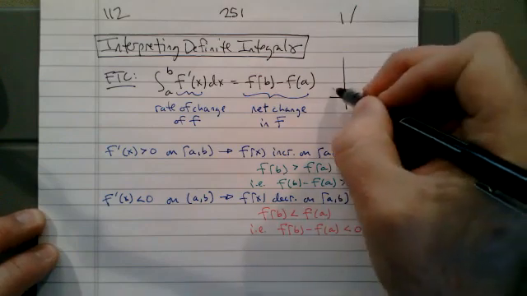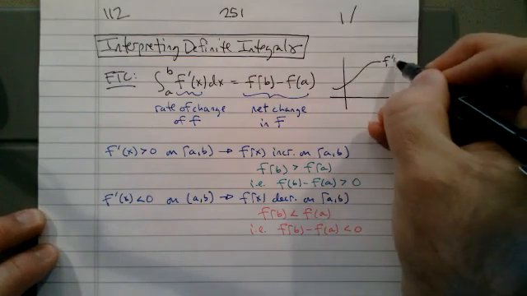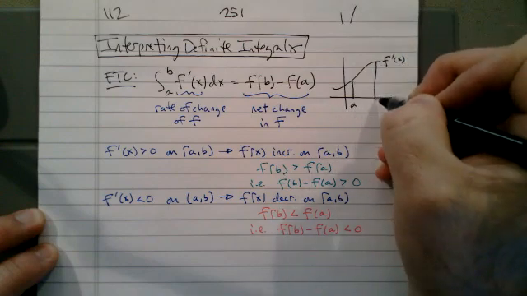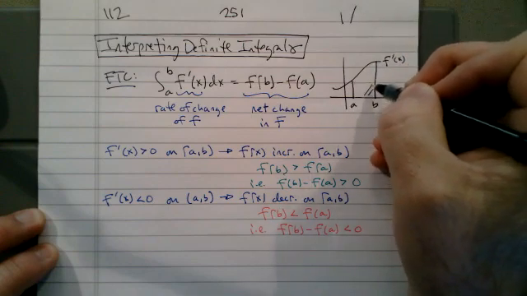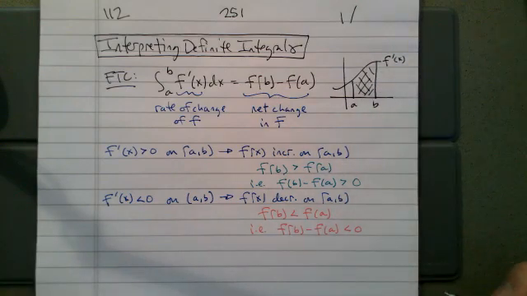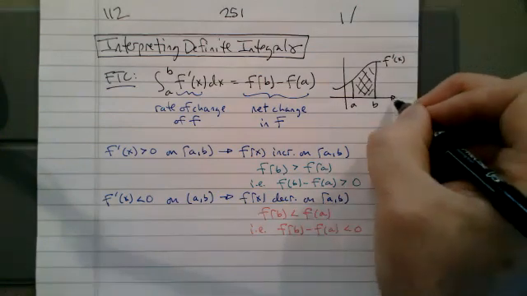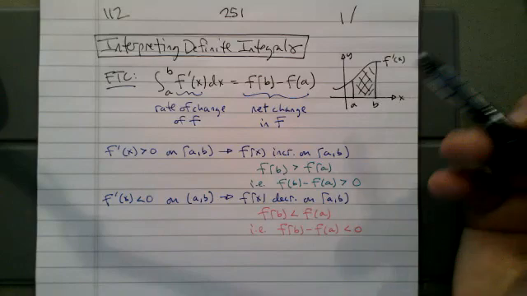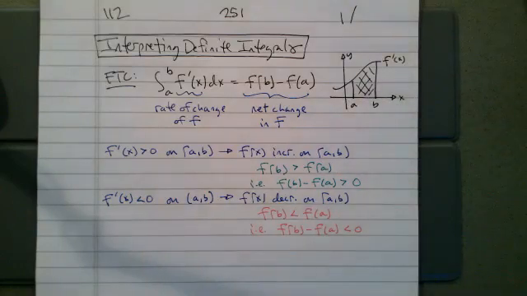If we look at the graph of f prime on the interval from a to b, this area is the definite integral. So the area tells you how much the function has changed. Any questions?